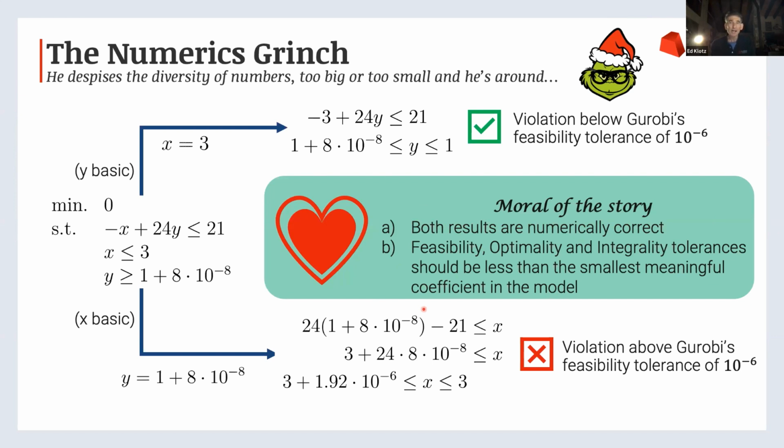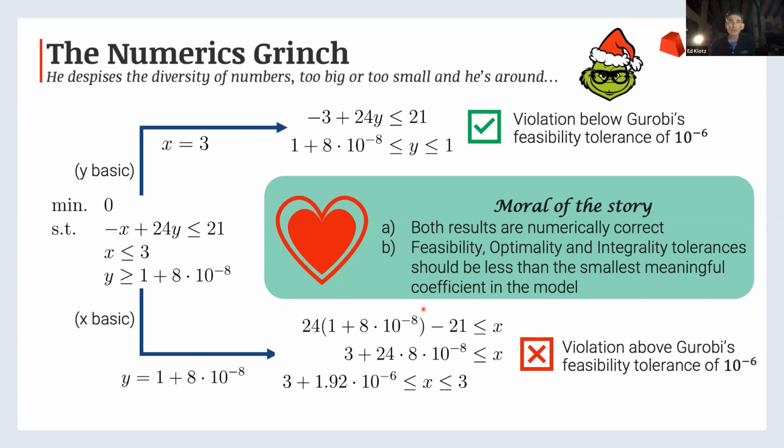And I see a lot of models with meaningful values of, say, 10 to the minus 7th, where people still leave these tolerances at their default of 10 to the minus 6. For this specific model, what that says is you've got to consider the data like we saw before and ask yourself, is this 8 times 10 to the minus 8th value meaningful, or is it round-off error?